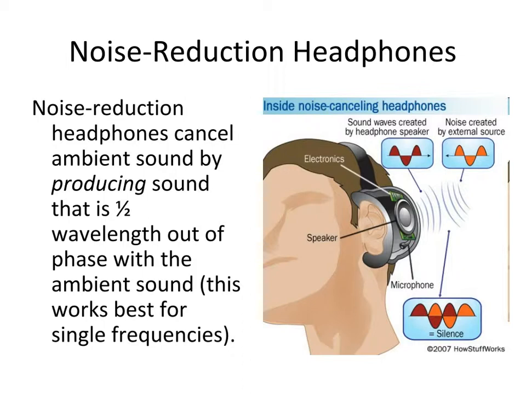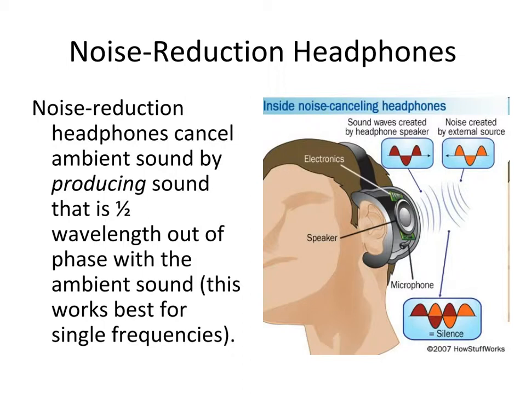Here's one of those technologies you've probably run across with regard to sound. Noise reduction headphones. Sometimes these are called noise canceling headphones. I believe these were first used with aircraft pilots who needed to reduce the sound that they heard from outside the aircraft, so that they could hear their communications from radio towers or control towers easily for safety reasons.